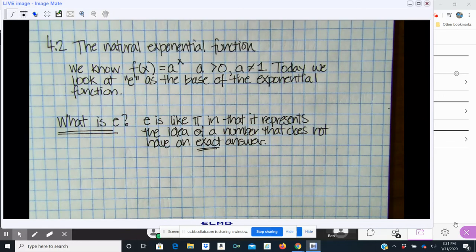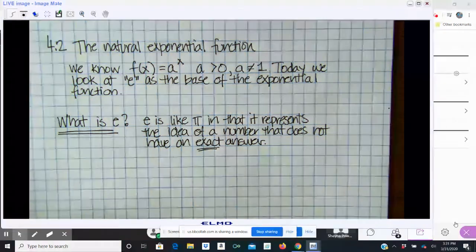If I ask you what pi is, like what's the value of pi? So how much is pi worth? What comes to your mind? When I say pi, you think 3.14. Good.